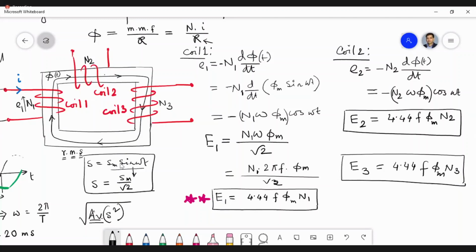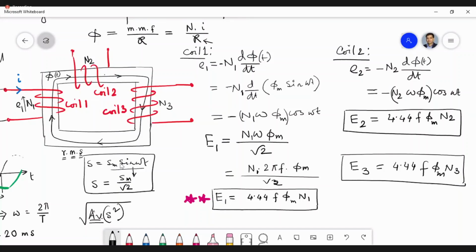If there is one coil, then you can call it self-inductance. If there are multiple coils, then you have to call it mutual. If it is only one coil, as a component, we can call it an inductor.